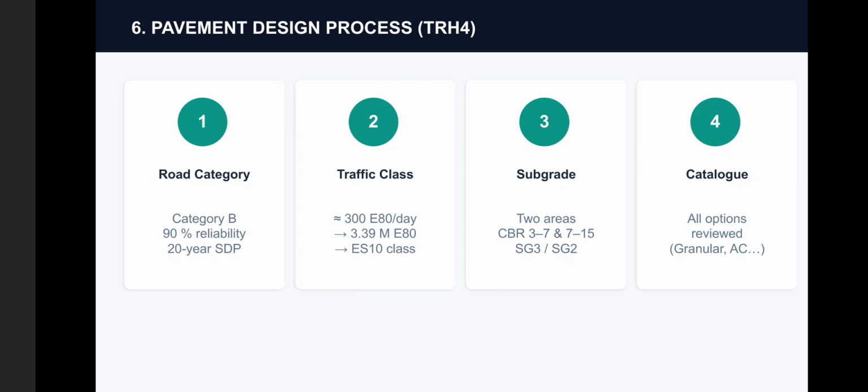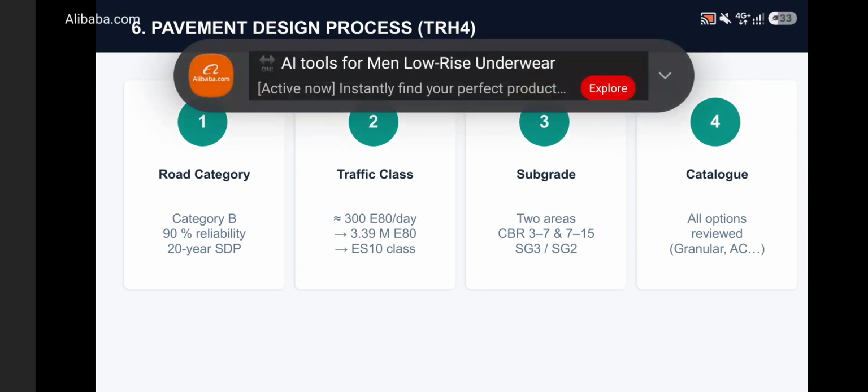So for the subgrade, I identified two sections with CBR values between 3 to 7 and 7 to 15, which is an SG3 and an SG2 category.